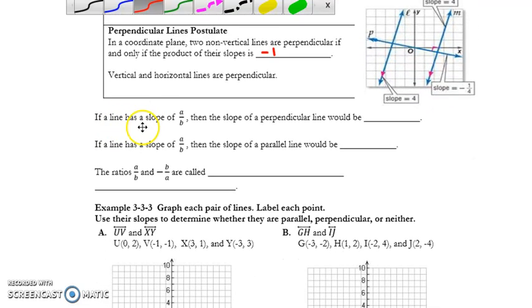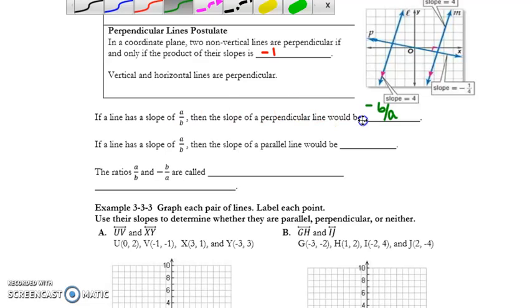So if a line has a slope of A over B, then the slope that's perpendicular, well, what we want to do is the opposite reciprocal. So that means that if this is 1/4, this is negative 4, we flip it and we change its sign to be the opposite sign. So this would be flipping it, B over A, and we make it opposite.